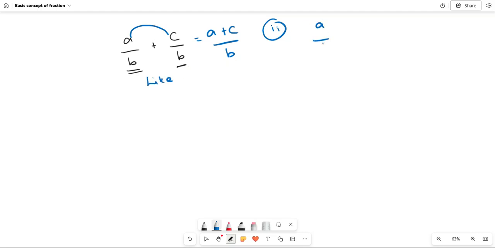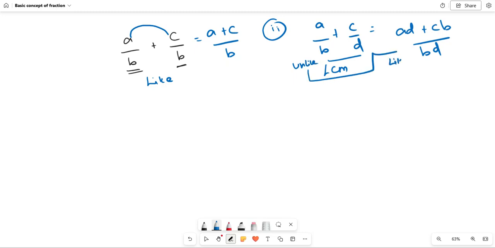If the denominators are not the same, what do we do? First we get the LCM, then we add. So we get ad plus cb by bd. This is unlike, so we have to convert it to like.